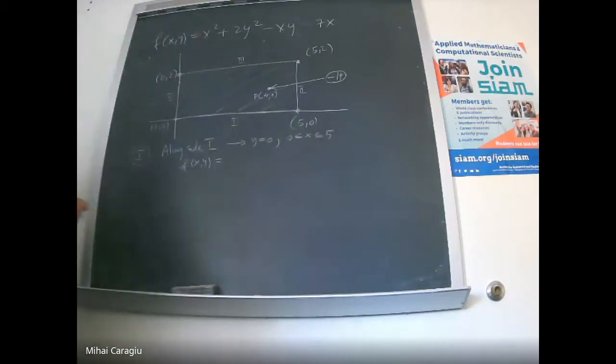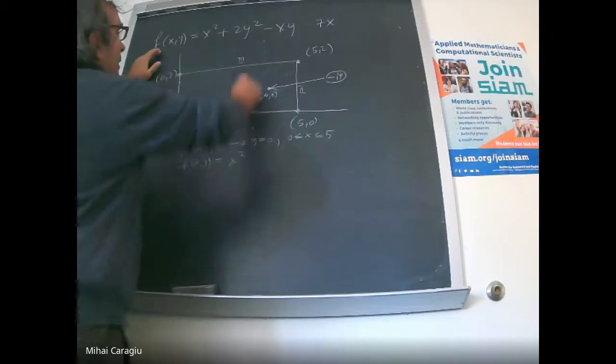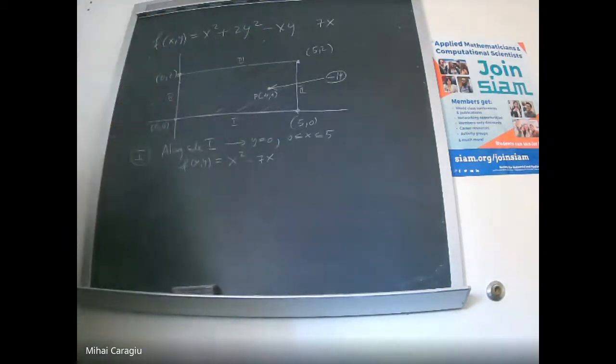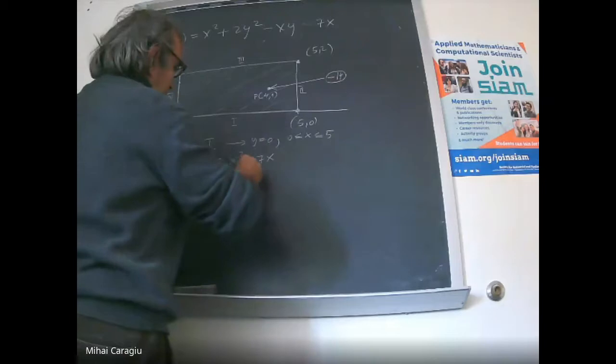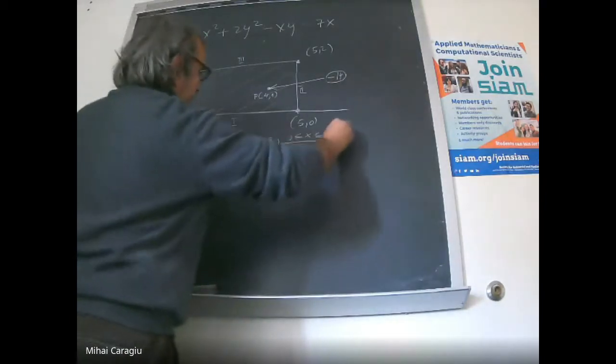That's how we characterize side 1. In which case, if y equals 0, f of x, y equals x squared minus 7x. So we have to find the max and min of, let's call this function, p of x, for x between 0 and 5.